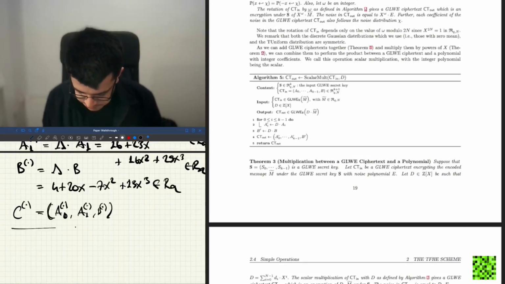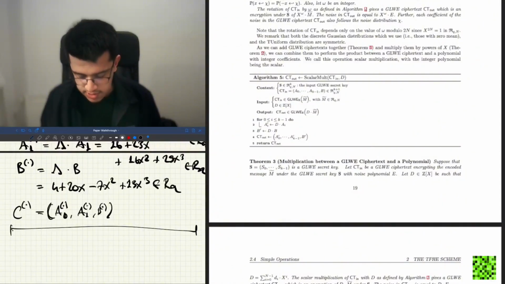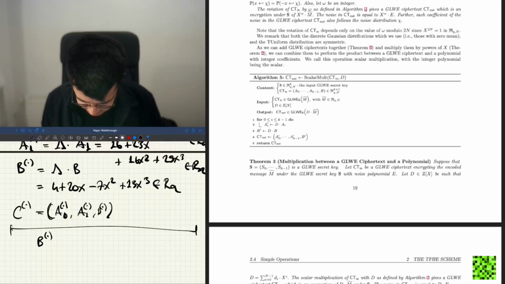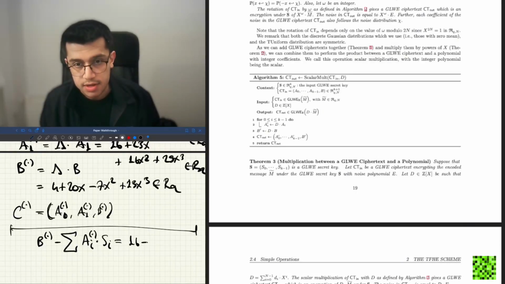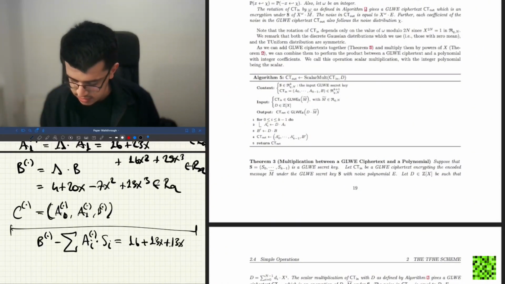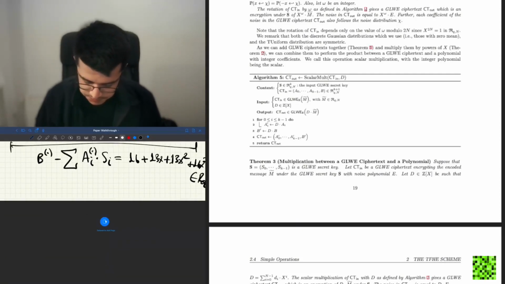To decrypt, as we did in the addition part, we just compute B dot minus the summation of A_i dot times s_i, which gives 16 plus 13x plus 13x squared plus 16x cubed in R_Q.